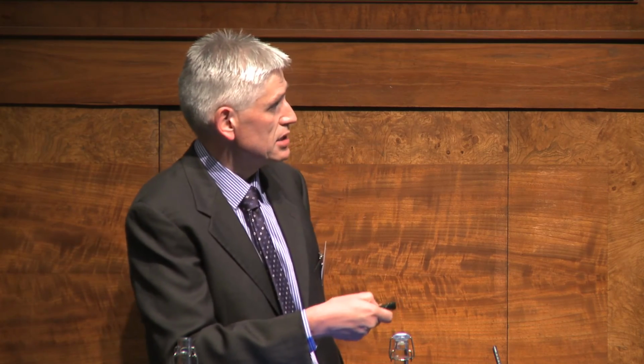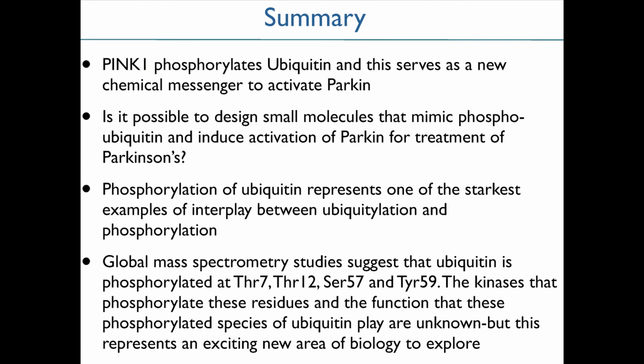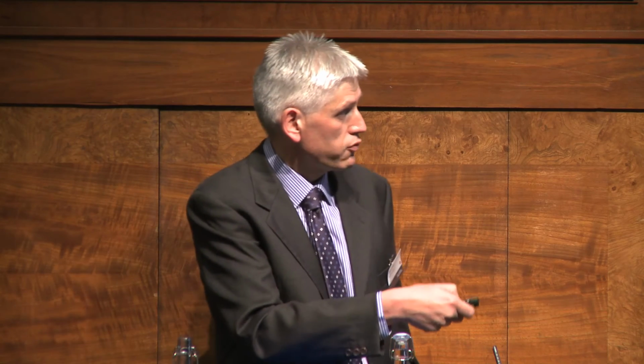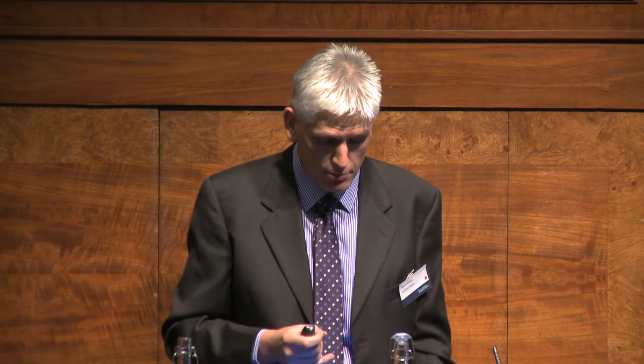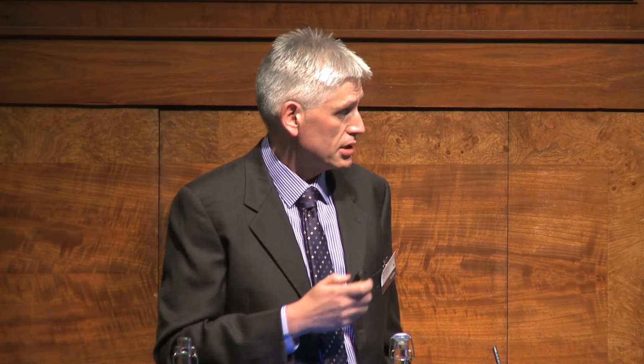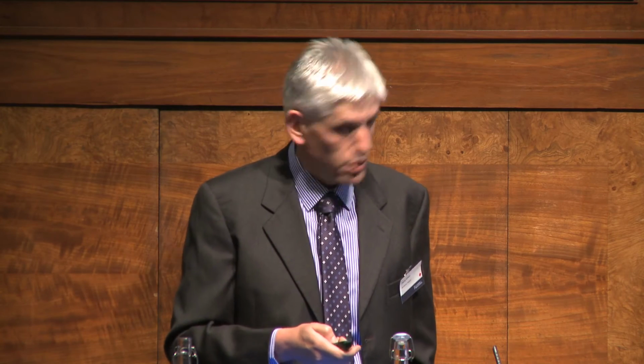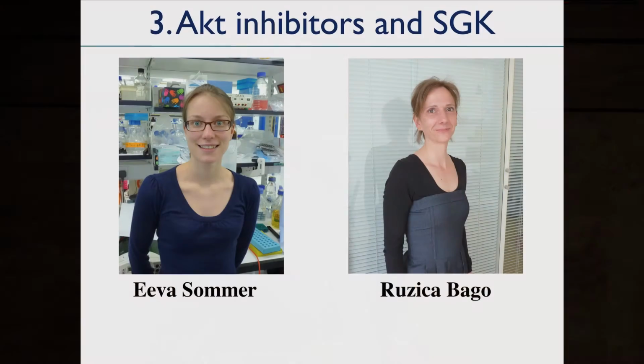What's really interesting is that global mass spectrometry analysis in cells makes it quite clear that ubiquitin is phosphorylated at other residues as well, and we don't know anything about this type of biology, the kinases that might phosphorylate ubiquitin at these sites, or the function these phosphorylated forms play. It would be really exciting to explore whether phosphorylation of ubiquitin plays a more general role in binding to critical signal transduction components, and whether this stimulates further areas of biology. I'm going to spend the last 5 minutes of my talk now.